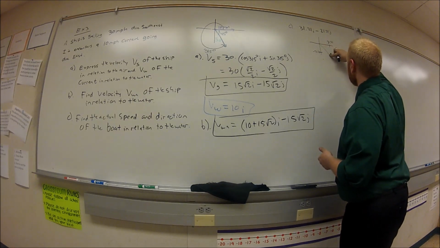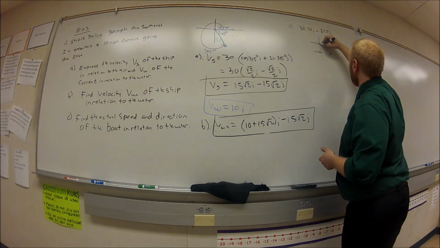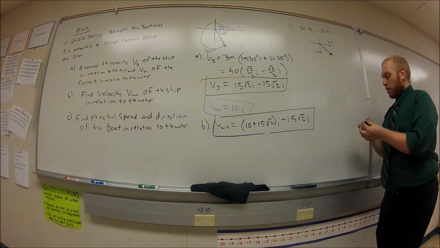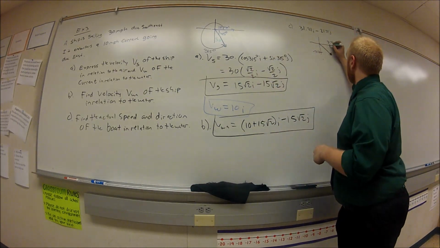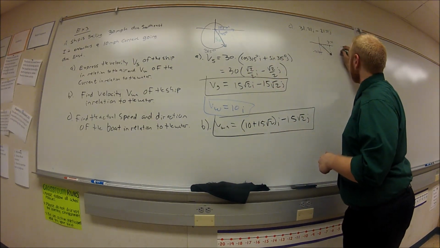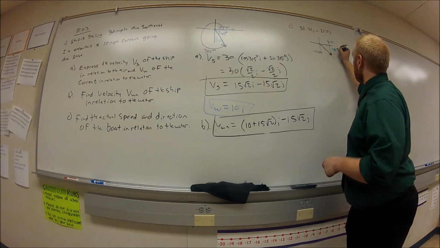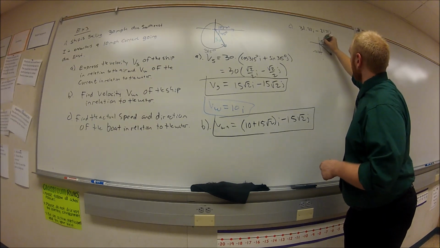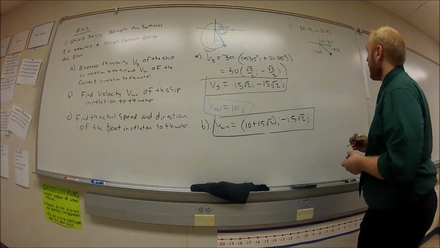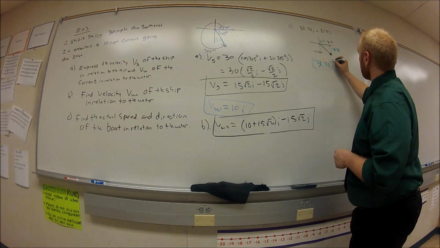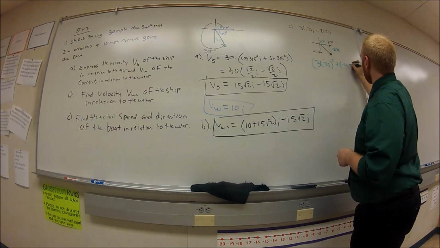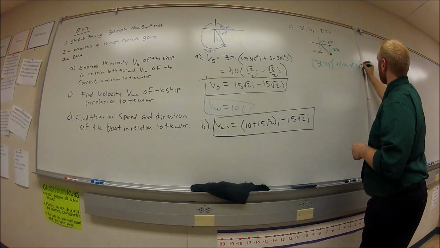Make your triangle. When you make your triangle, the negative 21.21 is going to go there. 31.21 stays positive there. And use the Pythagorean theorem. So 31.21 squared plus negative 21.21 squared equals r squared.